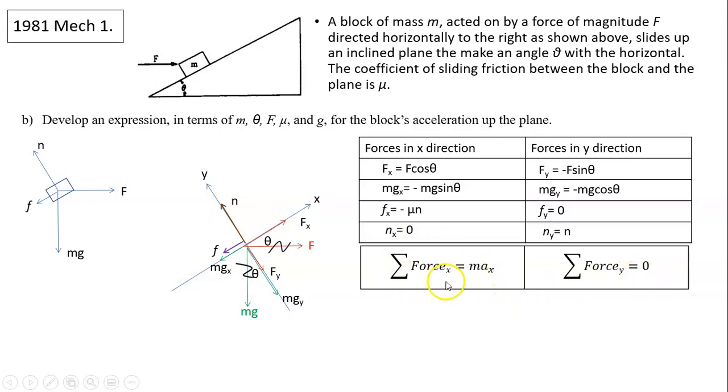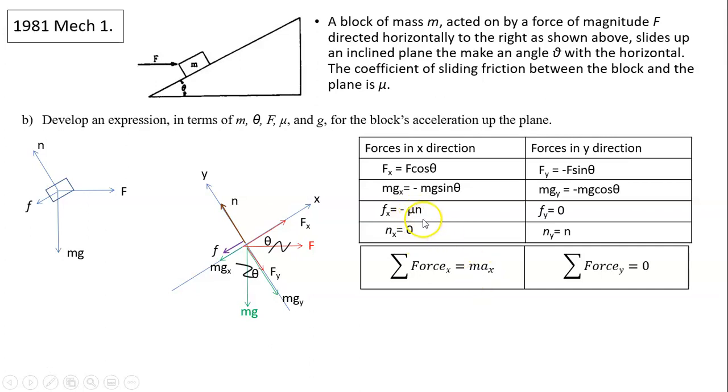So the net force in the x direction gives us m times ax according to Newton's second law. All the forces in the y direction added together equal 0. When you add all the forces in the x direction, we have F cosine theta minus mg sine theta minus mu times n equals m times ax.